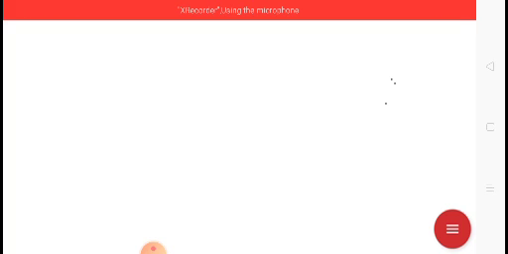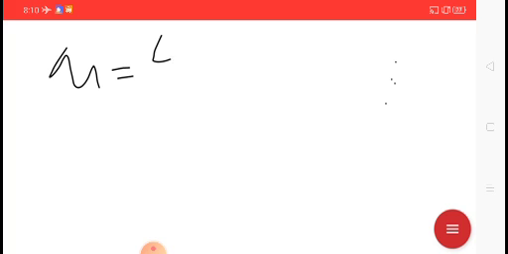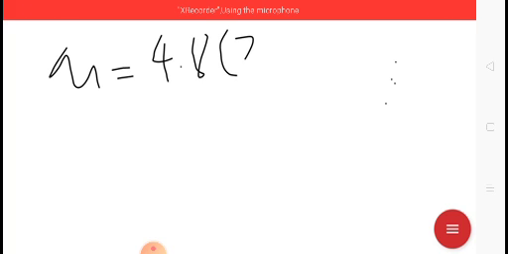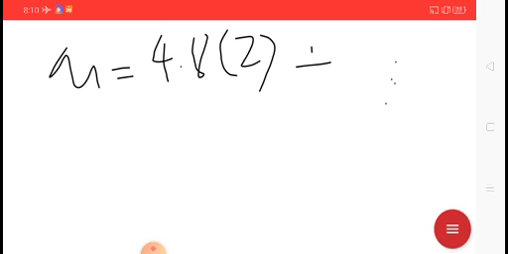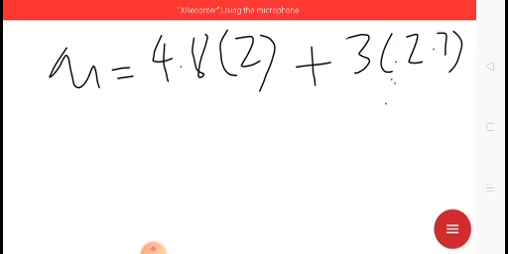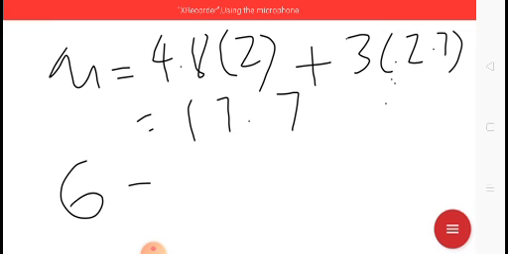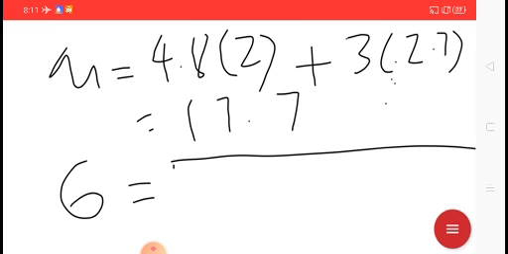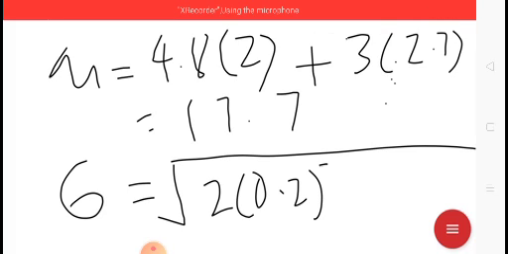For this question, the mean will be equal to 4.8 times 2 males plus 2.7 times 3 females. So the total mean is equal to 17.7. The standard deviation will be equal to the square root of 2 times 0.2 squared, plus, for the females, 3 times 0.15 squared.